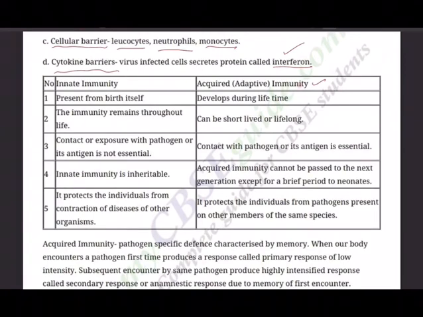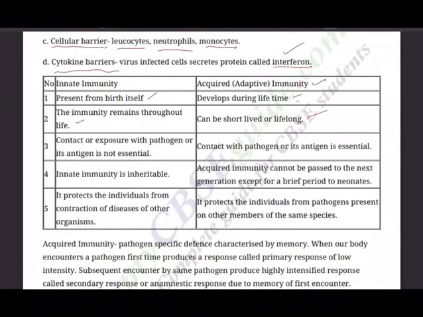It is present by birth, innate as the word refers to, acquired as it says develops during lifetime. Under innate, the immunity remains throughout life. This acquired one can be short-lived or maybe lifelong.